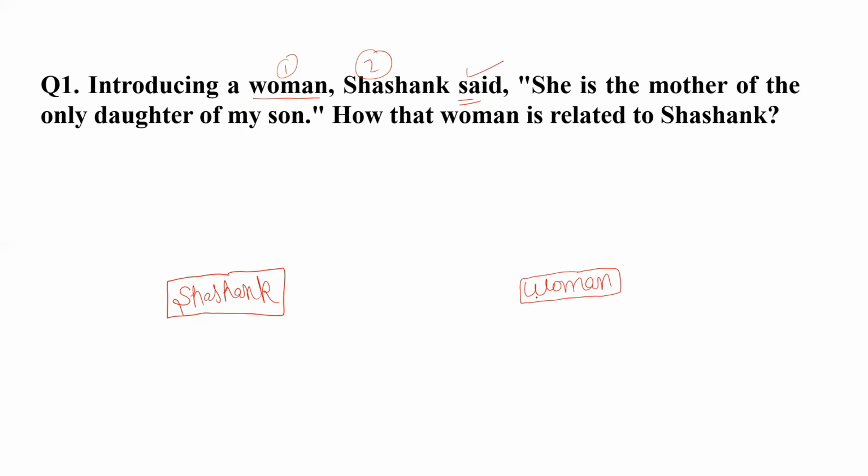So now what to do? Remember, there are only two kinds of relationship. The first are higher status relationships, and the second are lower status relationships. Which are higher status relationships? These are those relationships like father, grandfather, mother, these kinds of things, which have a higher status than the current party. And what are the lower status relationships?